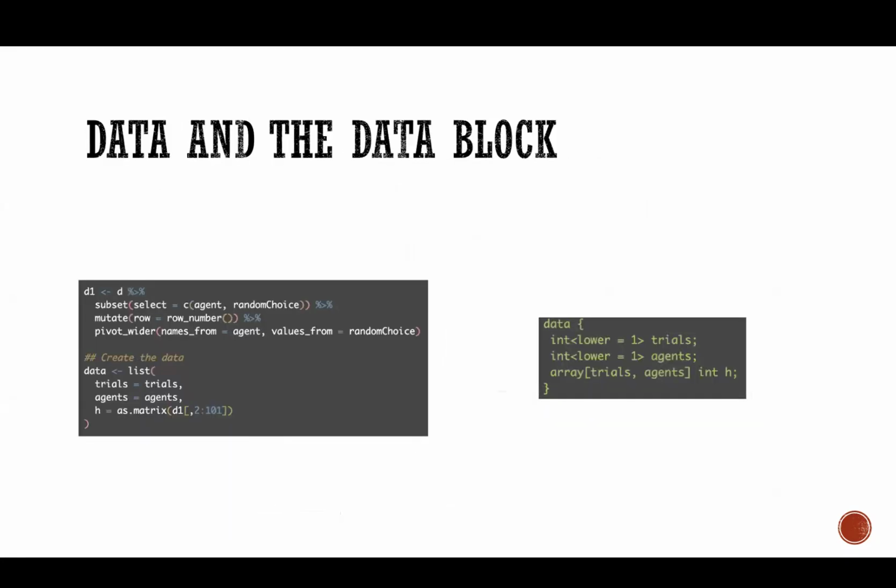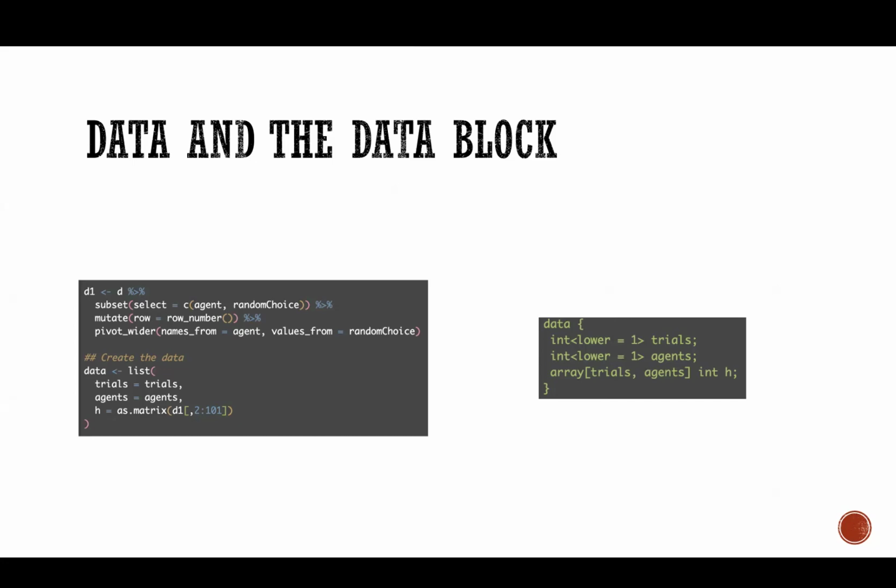Now we design the model. Here we create the data. We subset so that we have the agent and the random choice. We add the number of trials. And then we transform our neat table, or data frame, which is in a tidy format, that is, there is one row per observation, so that the different agents are stacked one below the other.